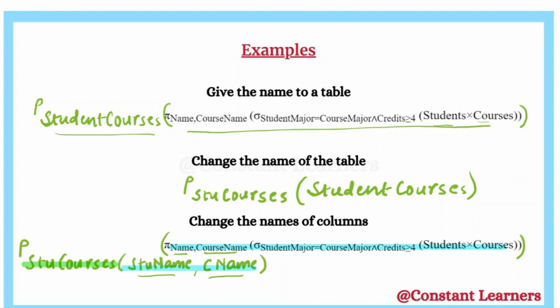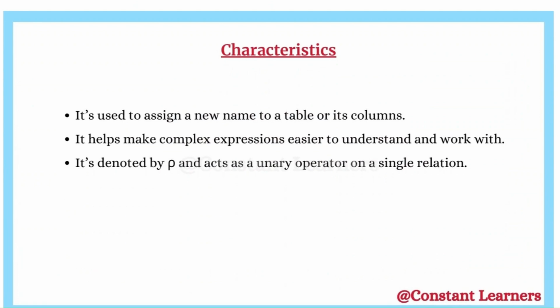Let's quickly discuss the characteristics of rename operation. Rename operation is used to assign a new name to a table or new names to the columns of a table. It helps to make complex expressions easier to understand and work with, because we cannot write the entire complex query in every single query, right?